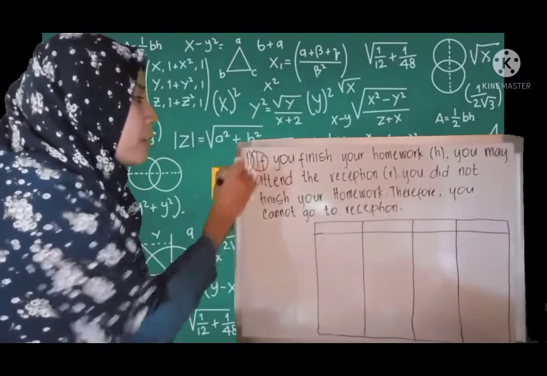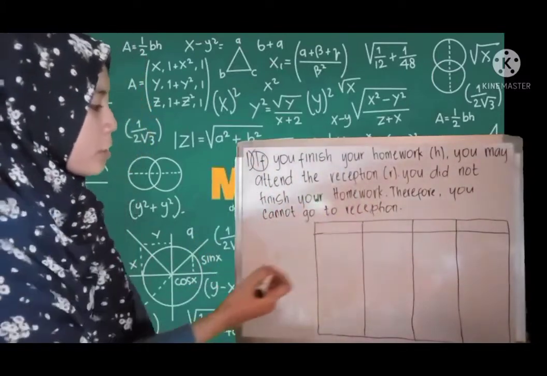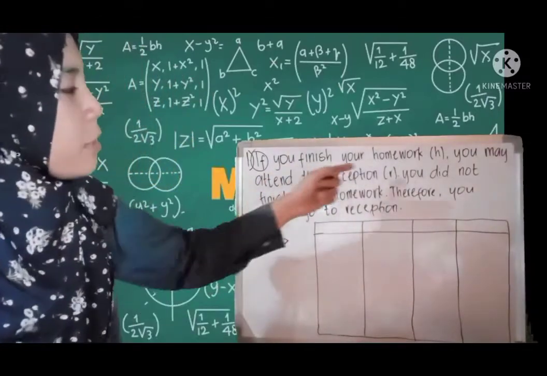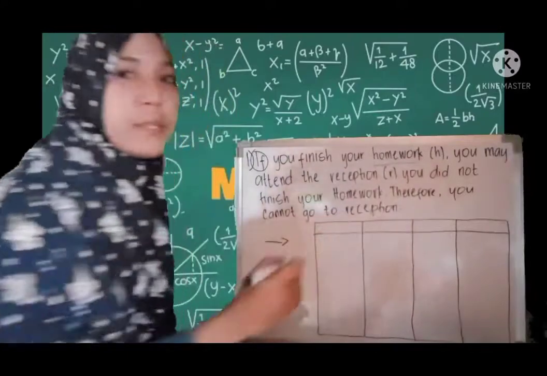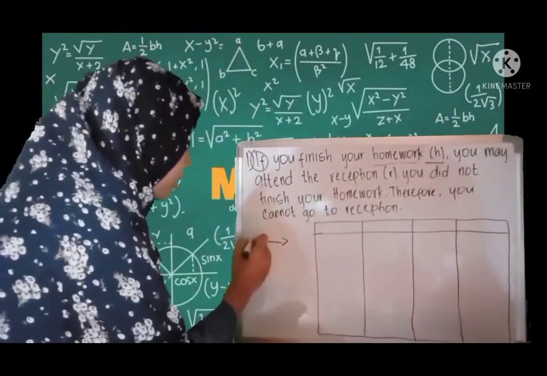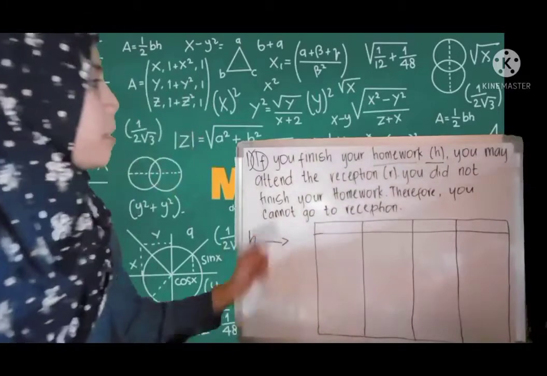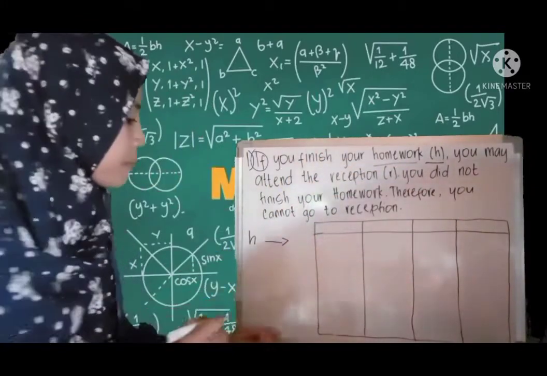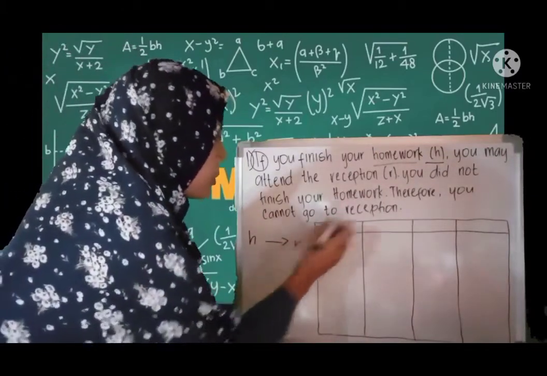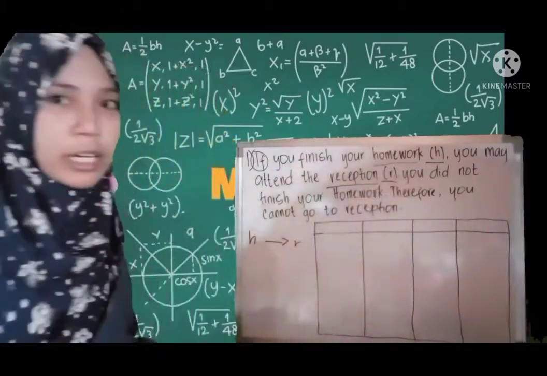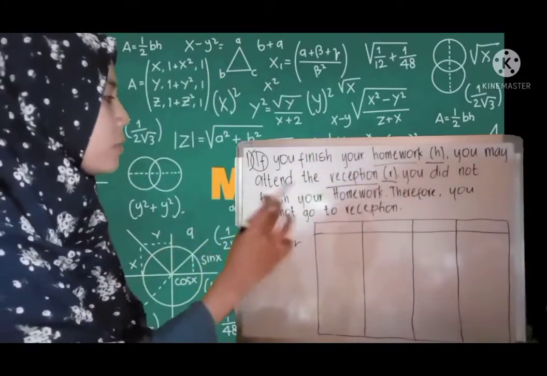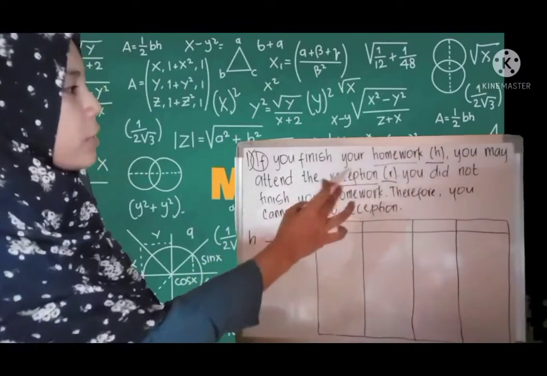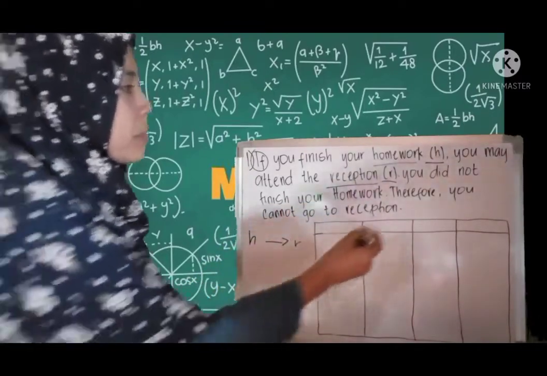So, if you finish your homework H, so write the arrow first. If you finish your homework represent as letter H, then write the letter H. If you finish your homework, you may attend the reception R. So, susulat natin yung R dito, kasi nagrepresent yung reception as letter R. Sa second premise naman tayo: you did not finish your homework.